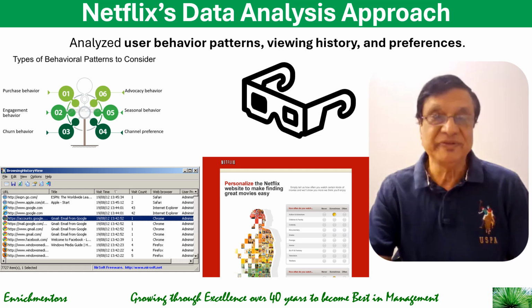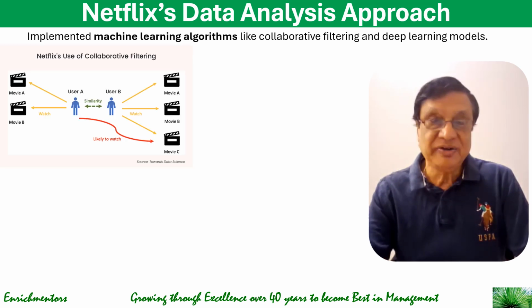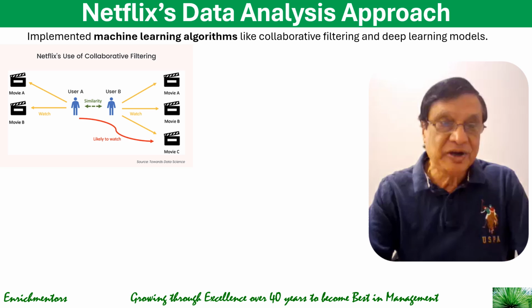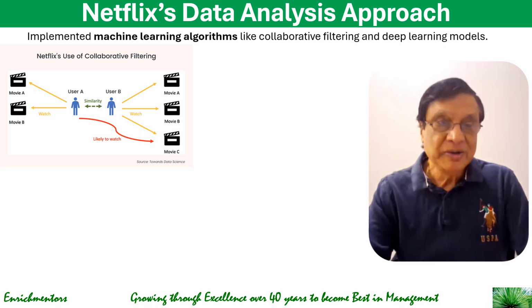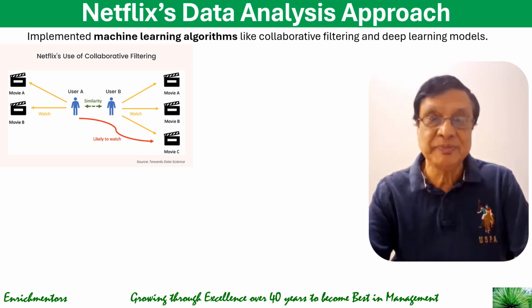So that was the Netflix data analysis approach that started with analyzing user behavior patterns, viewing histories, and preferences. Then they implemented machine learning algorithms, with techniques like collaborative filtering, in which they figure out if user B is watching movies A, B, C, and movies A and B have been watched by user A, would user A also watch movie C, and should they recommend that?